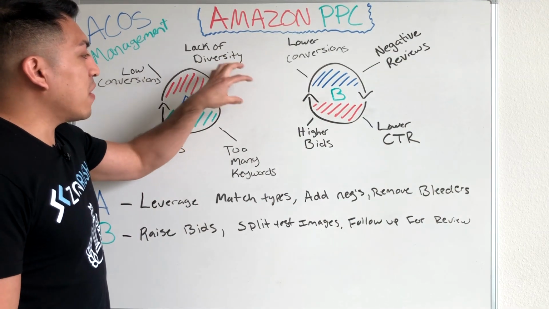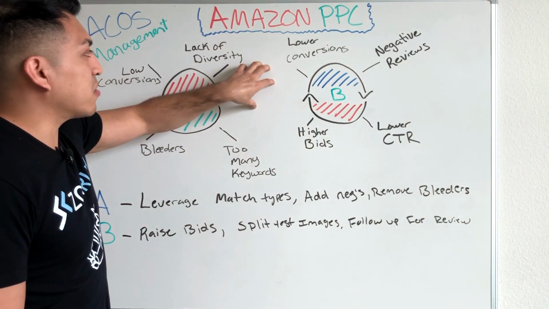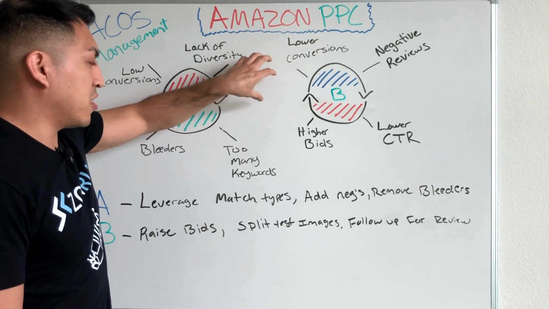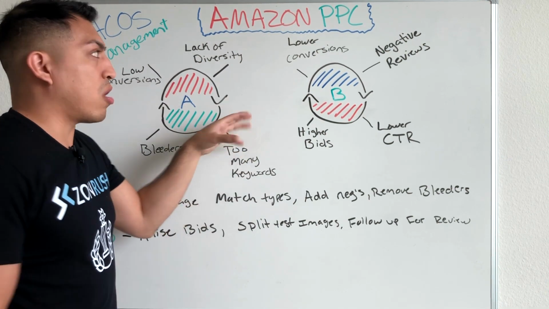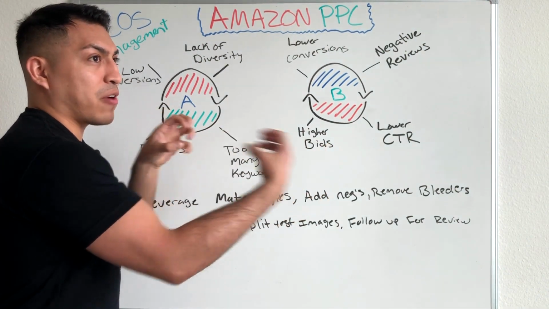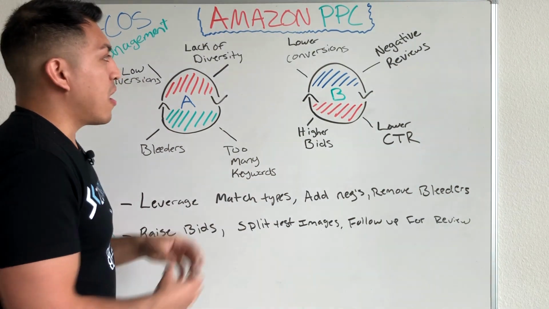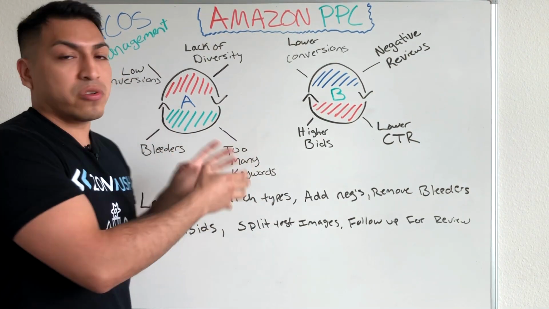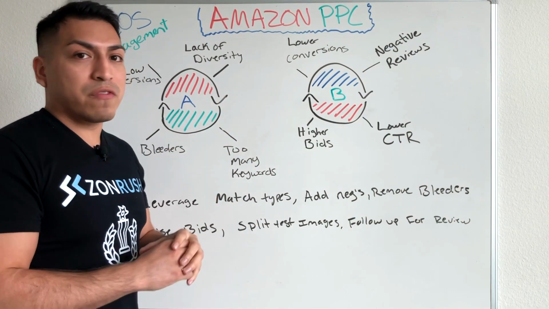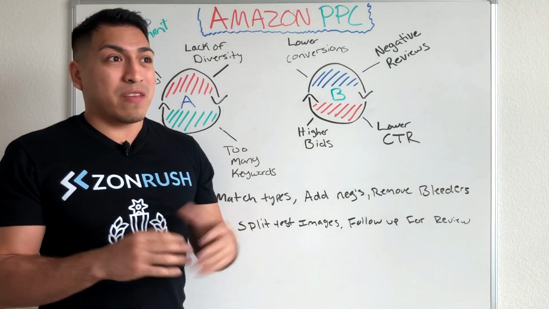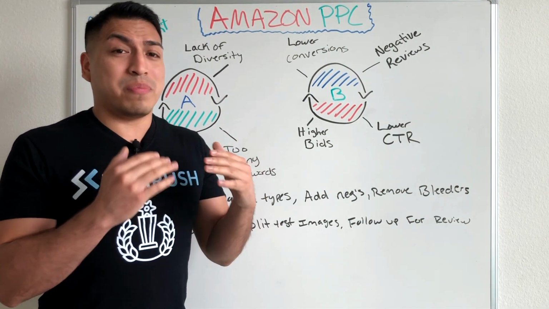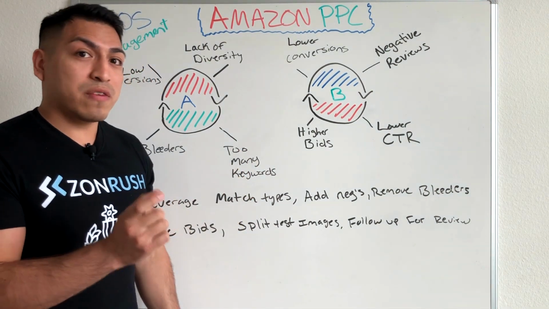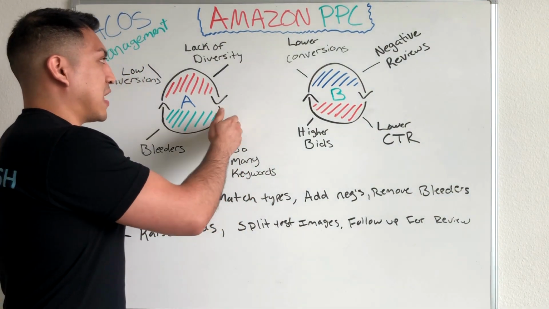So if you don't have enough diversity, if you're just in a single campaign with one match type, and it's generally Amazon's default, which is broad, break that up into phrase, exact, auto, and broad, separate campaigns. Limit your keywords. Don't have 200 keywords, bring it down to 50, and if you want to break it down further than that, only put 25 keywords, and those 25 keywords will also be the same across the board.